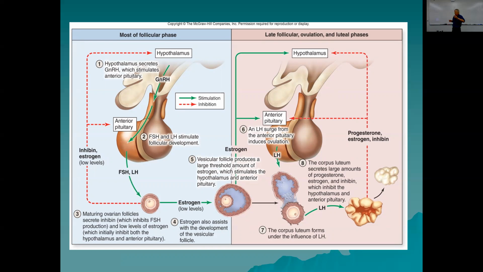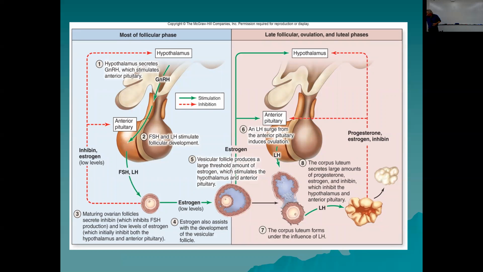And inhibin inhibits the anterior pituitary and the hypothalamus. Estrogen will also inhibit the anterior pituitary and hypothalamus.